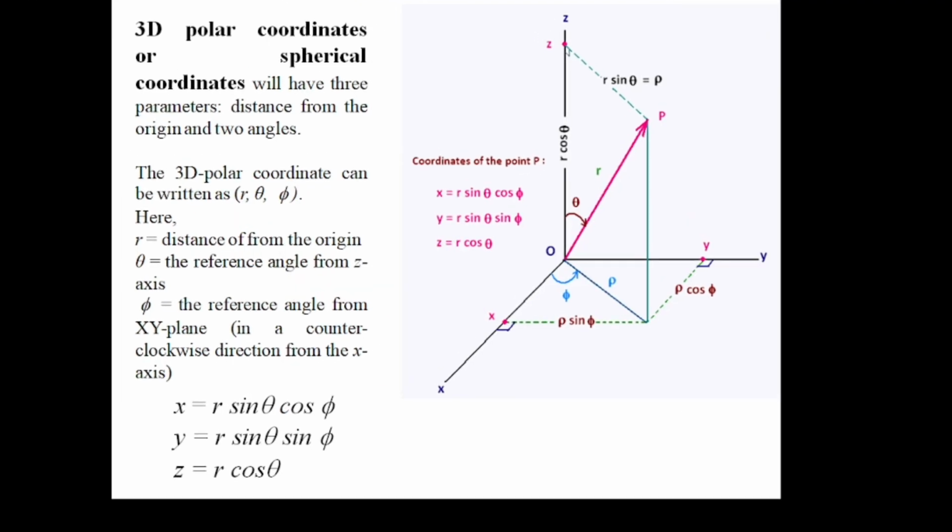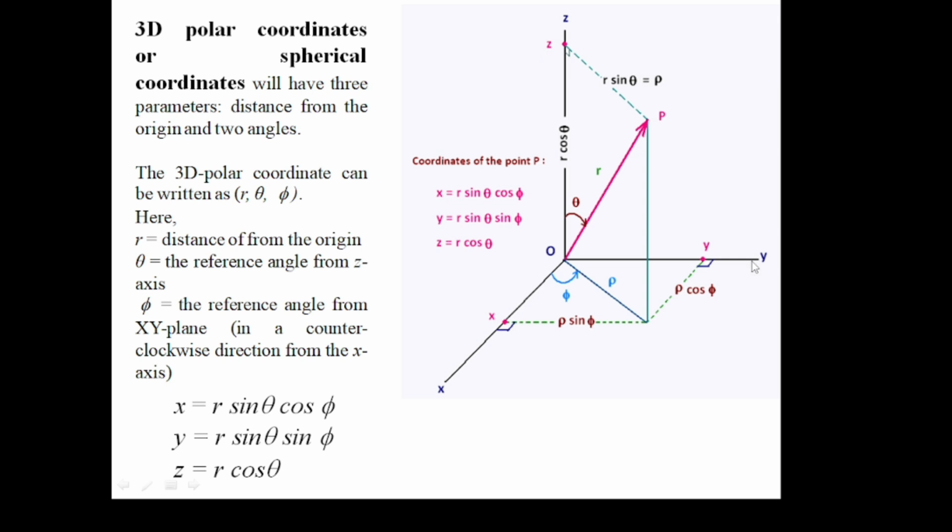The third coordinate system we will discuss is 3D polar coordinates or spherical polar coordinates. It has three parameters: distance from origin and two angles, that is r, theta and phi. Here P is the position of the particle, for Cartesian coordinates it is x, y, z, and for spherical polar coordinates it is called r, theta, phi. r is the distance from the origin.